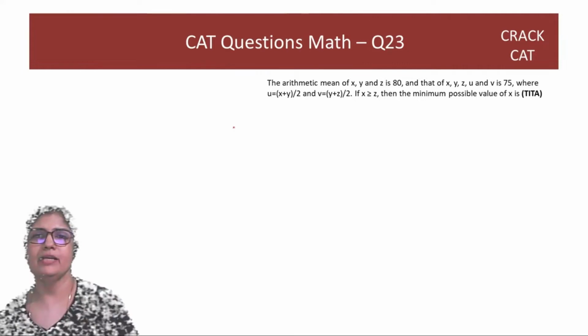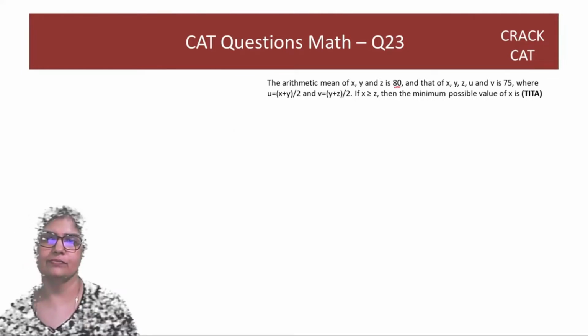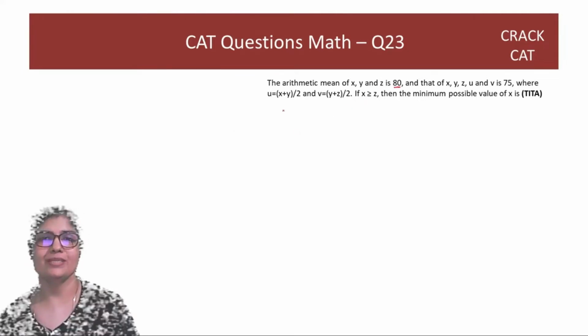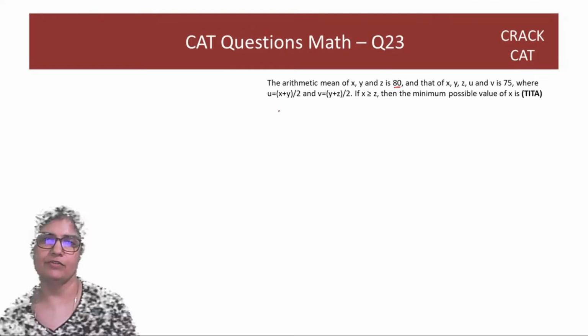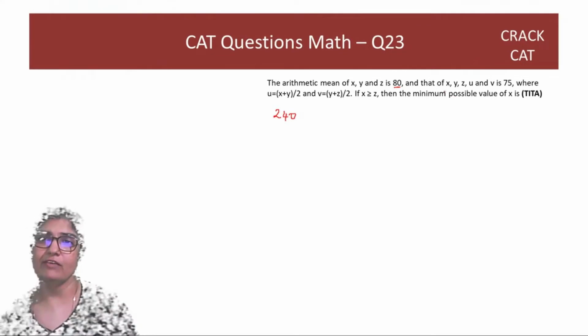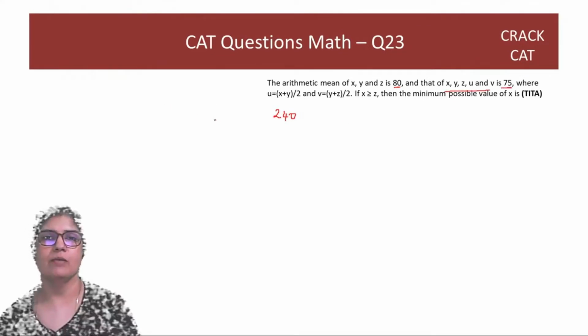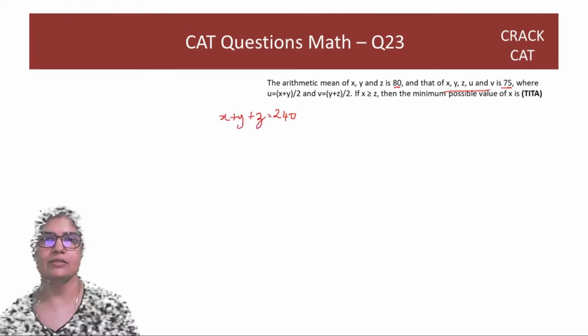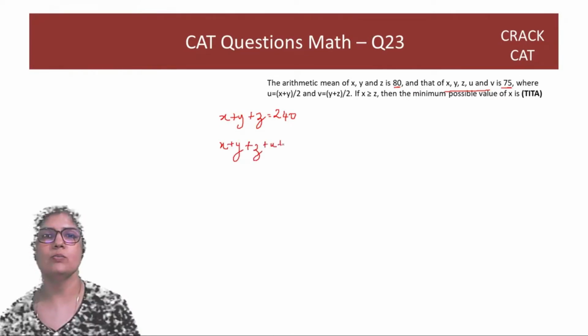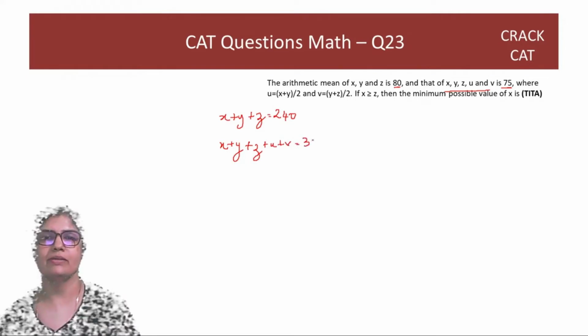So the arithmetic mean of all this is 80, which means that the sum of all three of them will be 240. For 5 of them, the arithmetic mean is 75, right? So here what do we get? We get x plus y plus z is 240. And in the next one we get x plus y plus z plus u plus v is 375.